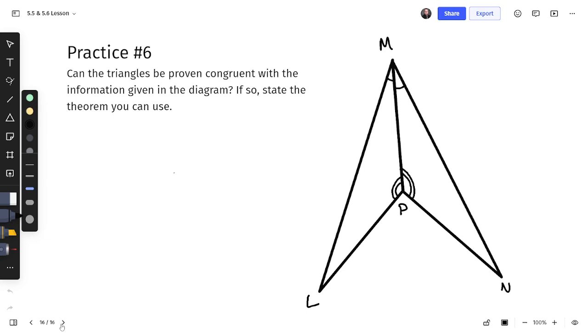Ready? Okay. So we know two corresponding congruent angles of the triangles. We know that angle LMP is congruent to angle NMP. And we know that angle LPM is congruent to angle NPM.